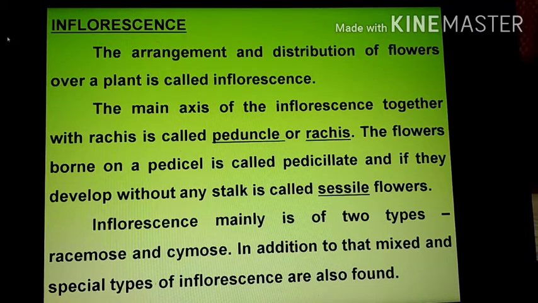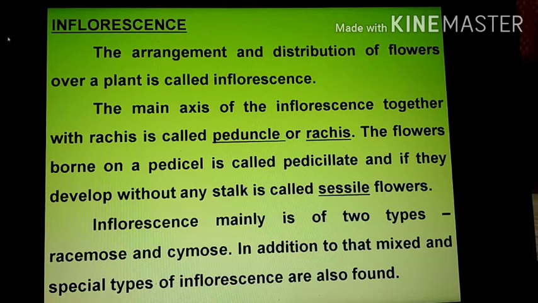Inflorescence definition: the arrangement and distribution of flowers on the peduncle of a stem is called inflorescence. And the axes that develop on a plant's main stem, whether or not branches come out from it, on which the flowers are born, that axis is called the peduncle or rachis. And if the flowers on that axis are attached by a stalk, then this stalk of the flowers is called the pedicel, and therefore the flowers are called pedicellate flowers.